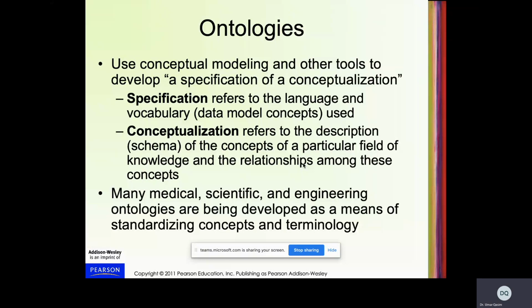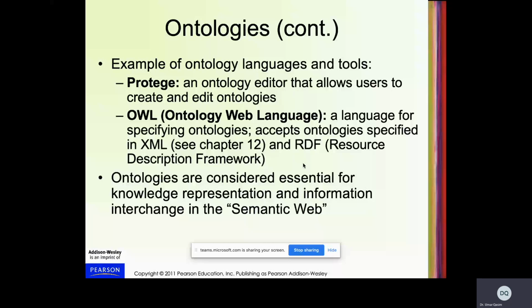And conceptualization is the description of the concepts of a particular field of knowledge. For RDF, the Resource Description Framework, and these are all used in the semantic web. But the basis behind that is also the concept of databases. If you want to study more in this area, I'm happy to discuss what is used in the semantic web and how RDF is used to structure the data.